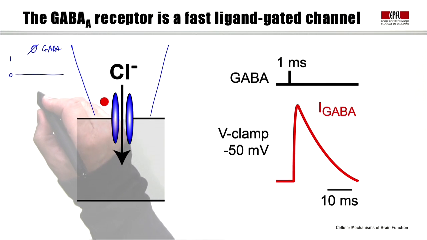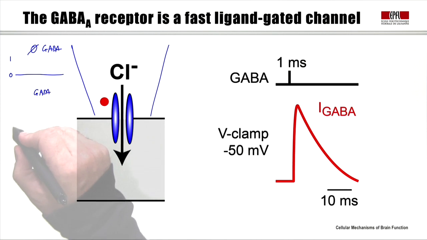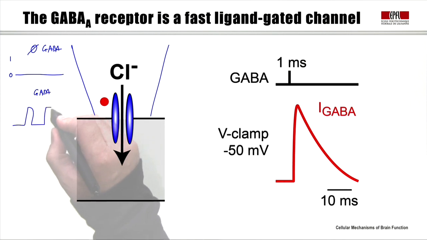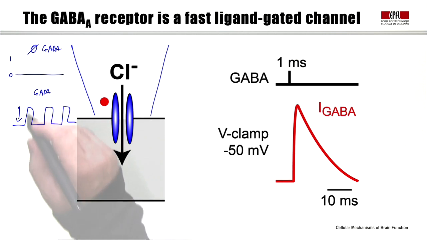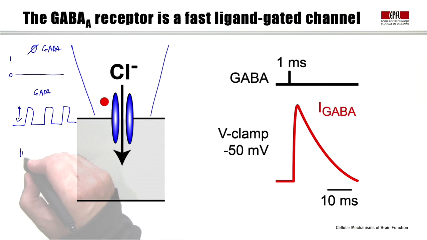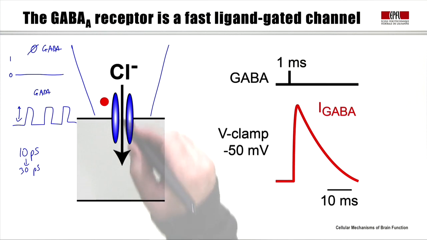If you then add GABA to the recording pipette, you'll see that the open probability increases, and we have single channel currents that come with a conductance of something like 10 to 30 picosiemens. So GABA increases the open probability of the GABA-A receptor.